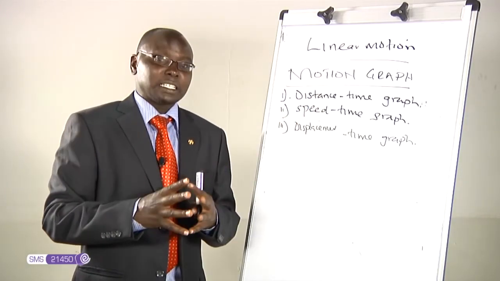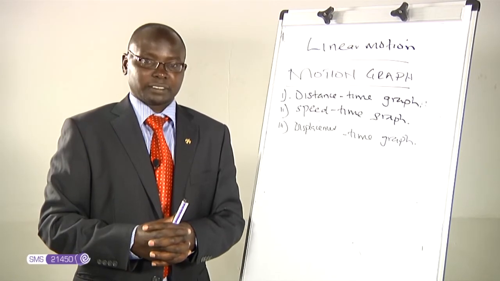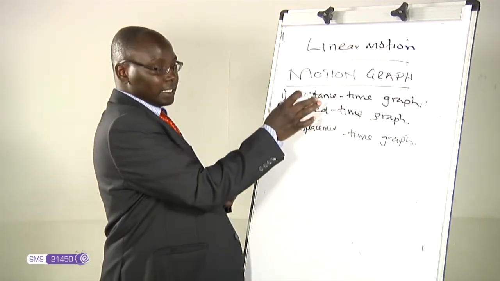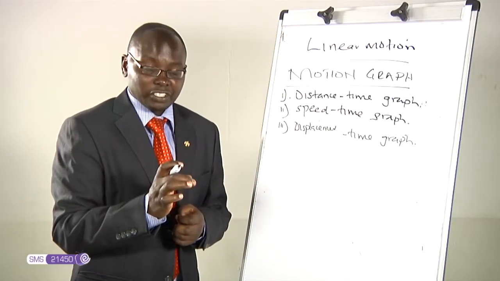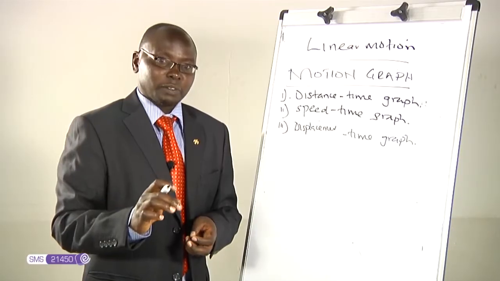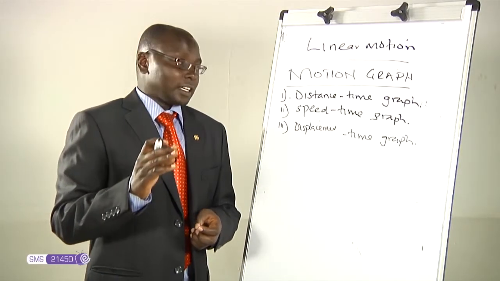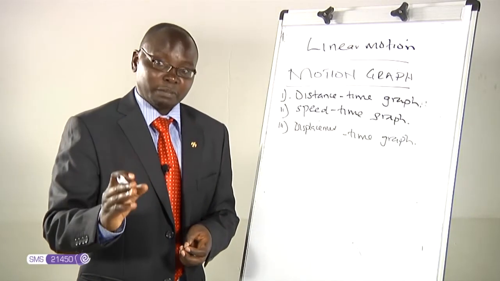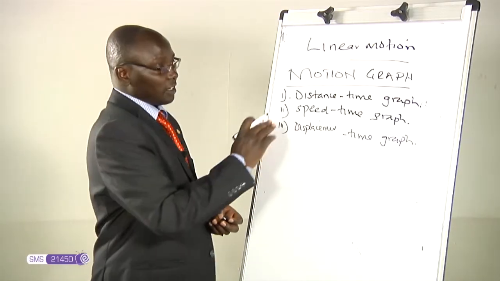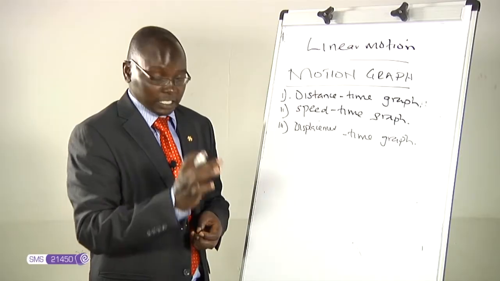But displacement is a vector quantity. Both of them are measured in meters, but distance, we said from the definitions, is the total length of the path taken by a body. But for displacement, we said it's distance in a specified direction, meaning we must give the magnitude and the direction. So that's a difference, just reminding you.